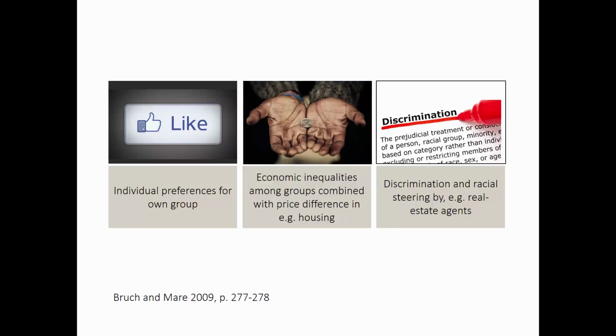Or there could be discrimination and racial steering by, for example, real estate agents. That also happened to a large degree and still happens. Some colleagues of mine do very fascinating research about this, where they apply for housing or for jobs. I think this is really cool work. They submit fake resumes, hundreds of them to jobs, and it's pretty much the same CV, but they slightly change the name.